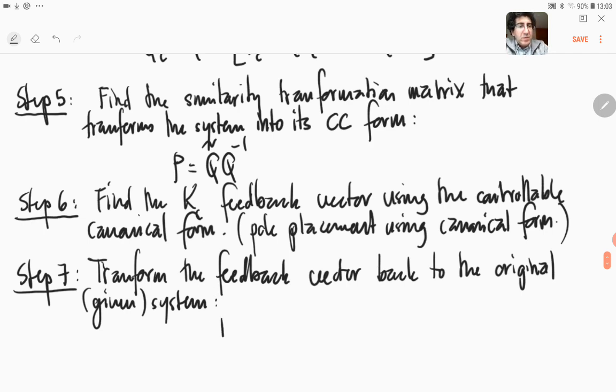That means we have K, which is Kc times P. Okay, and P was already determined from our discussion.